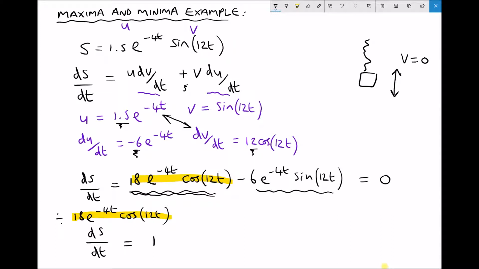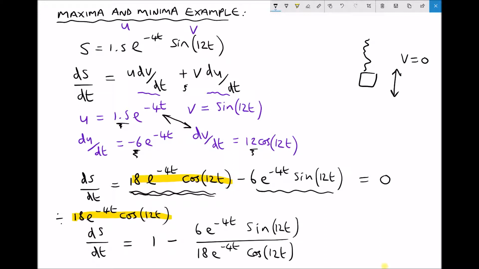Now what are we going to get for our other term? Well, let's write this out longhand first of all. We have minus 6e to the minus 4t sine 12t divided by 18e to the minus 4t cos 12t.